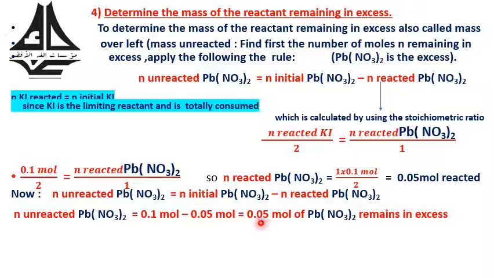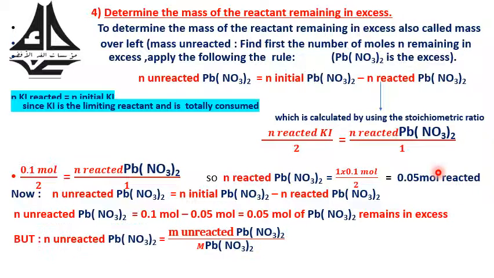It's equal also to 0.05 mole. So 0.05 mole of Pb(NO3)2 remains in excess, remains unreacted, and hence will appear at the end of the reaction when it's over with the product formed.